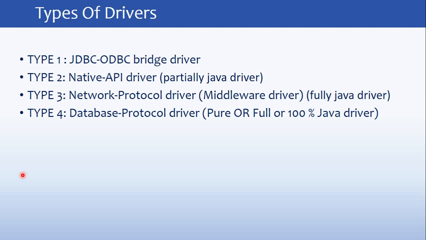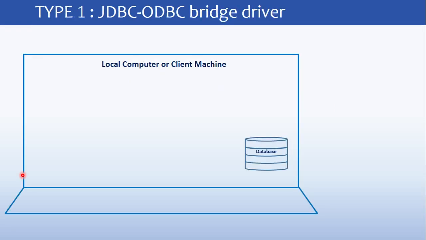So in this slide, I have a client computer or client machine with the database. My Java application wants to communicate with the database through the type 1 JDBC ODBC bridge driver.